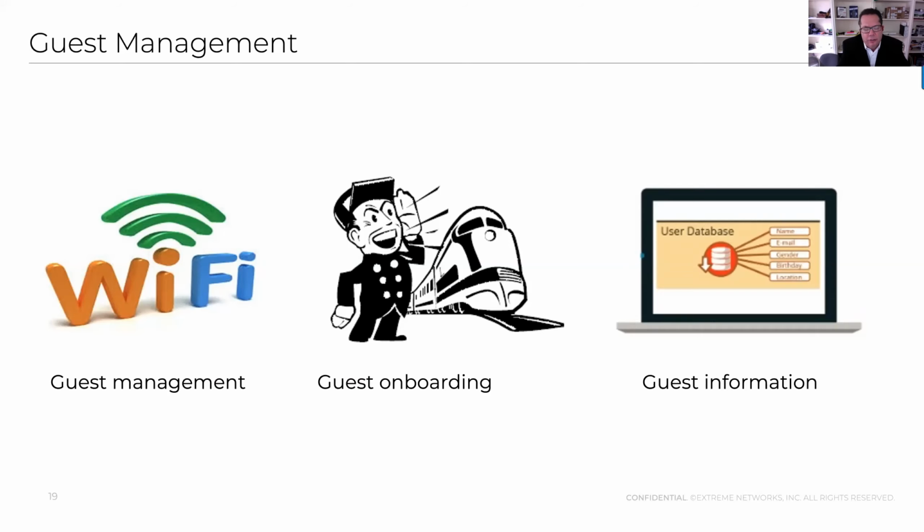Most guest wireless LANs require guest users to authenticate via credentials through a captive web portal. Therefore, a database of user credentials has to be created. Unlike users that already exist in a pre-existing Active Directory database, a database of guest user accounts is typically created on the fly as the guests come. So it's not an existing database, it's created on the fly. And that's where guest management comes into play.